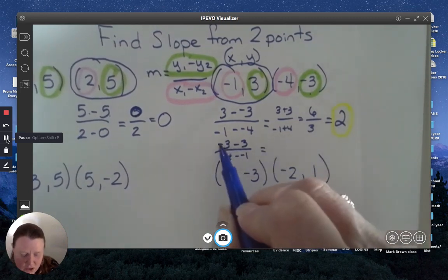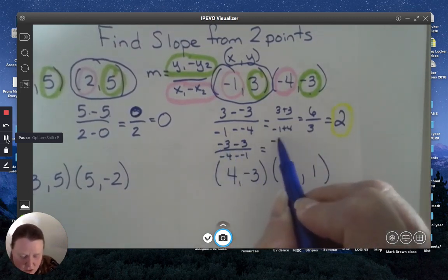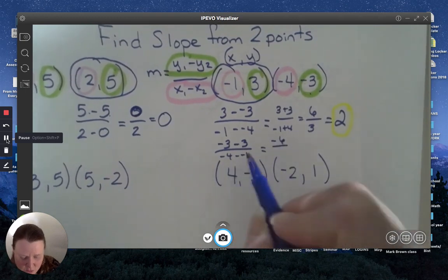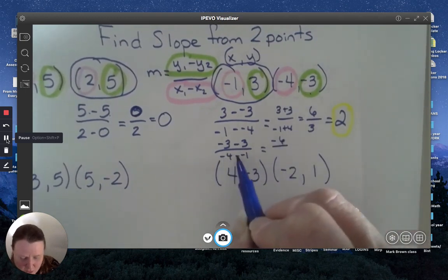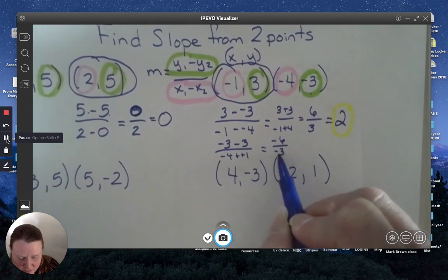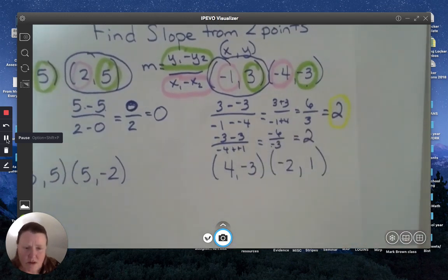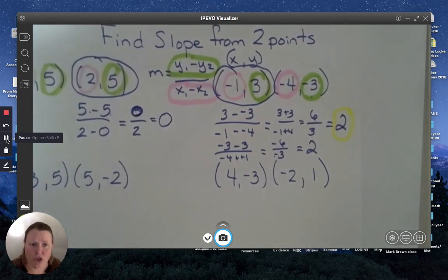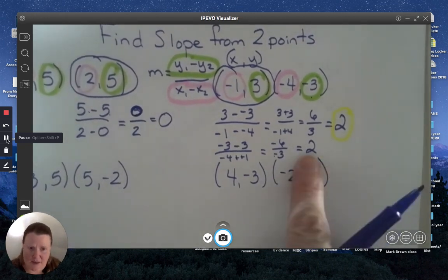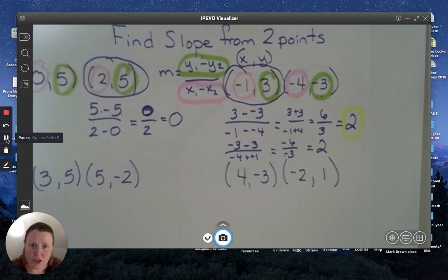And we would have had you owe me 3, you owe me 3 more, you owe me 6. And then this would have been keep, switch, switch. So I would have had a negative 3 on the bottom, and a negative would have made it a positive 2. So it won't matter which one you choose to do first. It is still going to get me an answer of 2. So let's try a couple more.